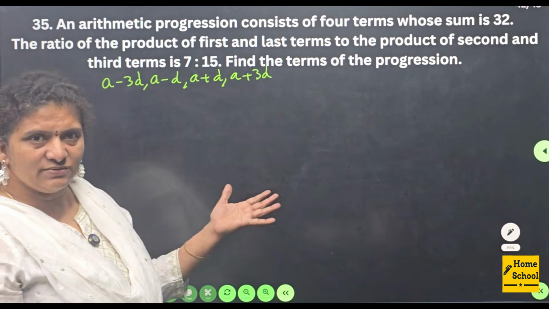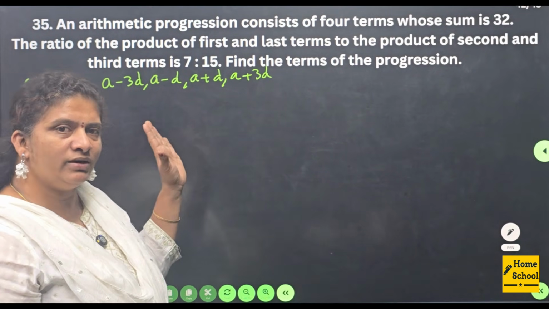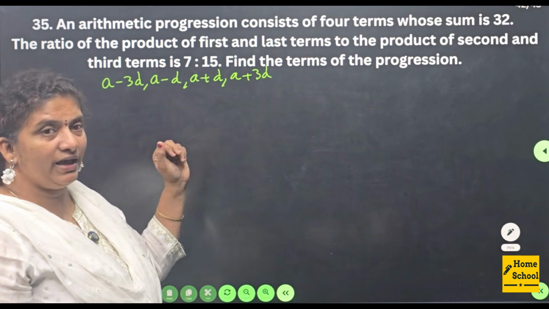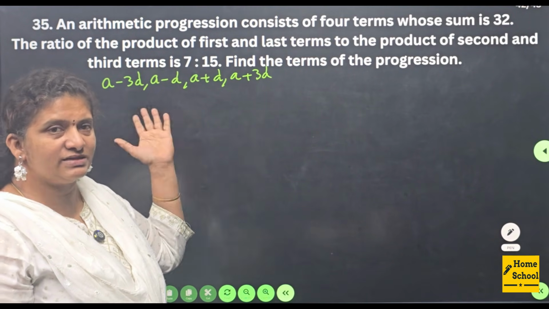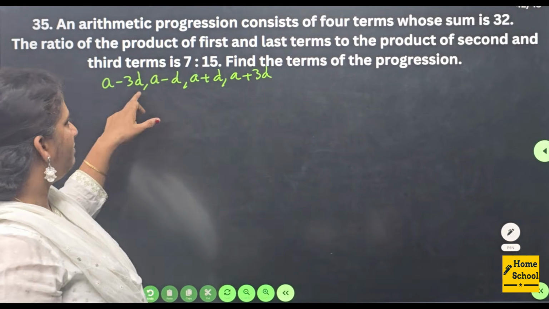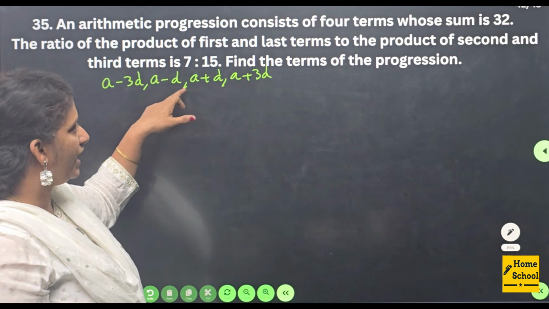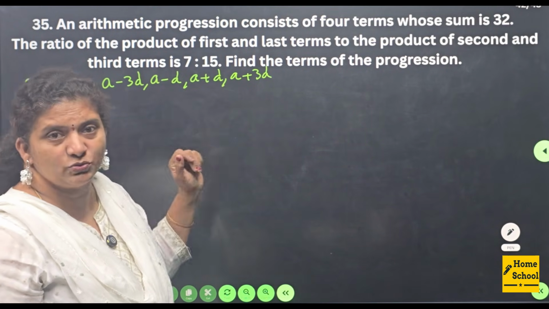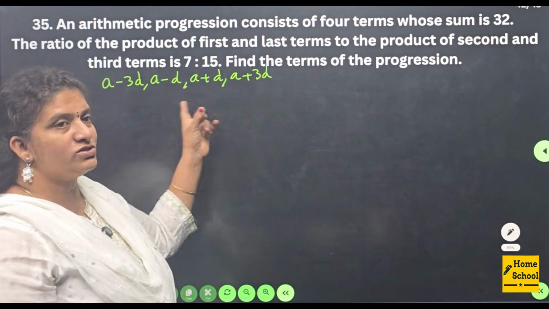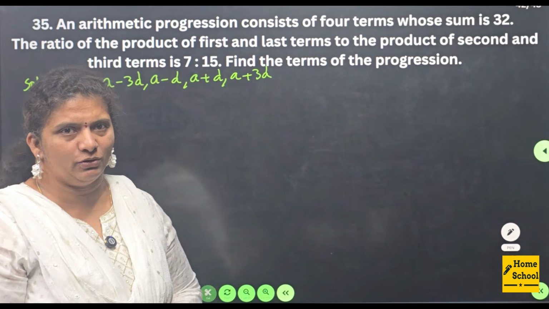Any 4 terms means you need to remember these 4. These are again in arithmetic progression. This is the general form, right? In the middle a minus 2d is not there, here a is not there, and here a plus 2d is not there. So again all these terms are in arithmetic progression.